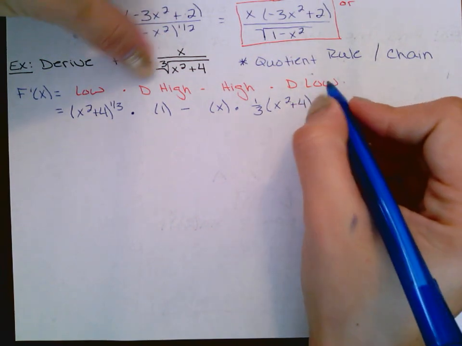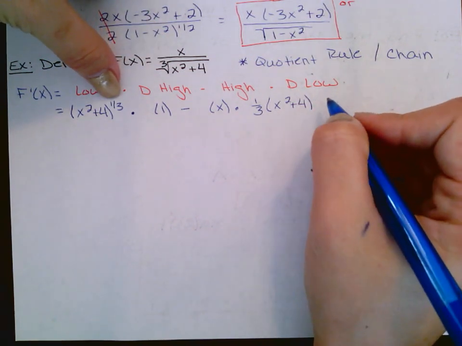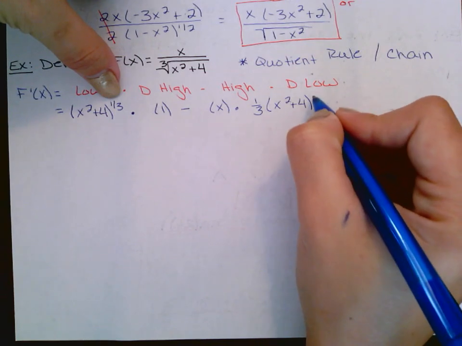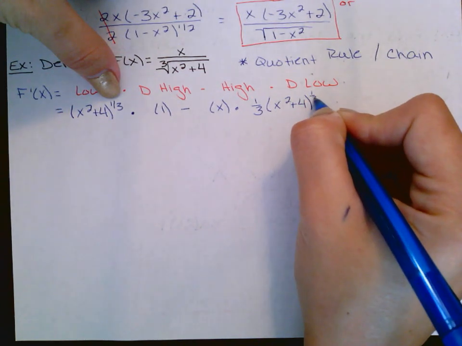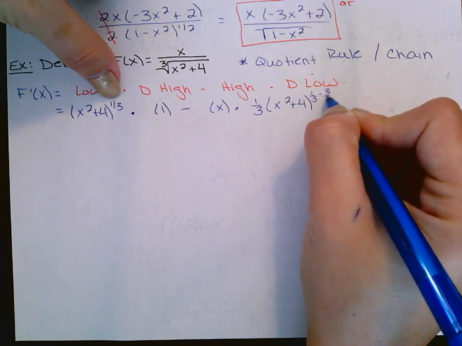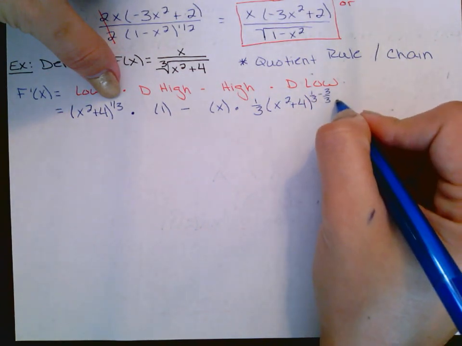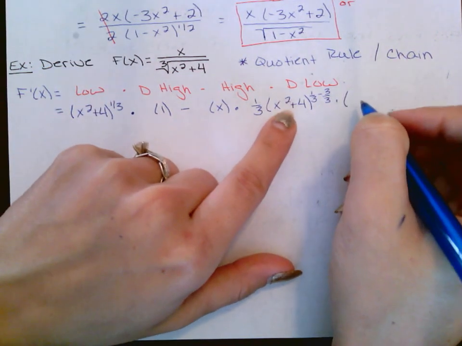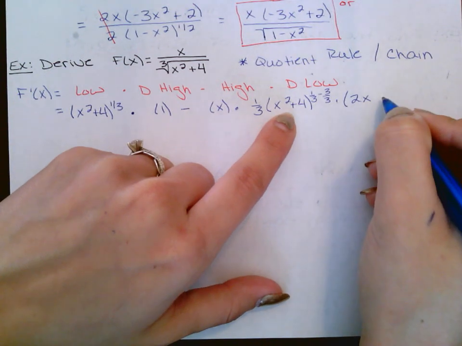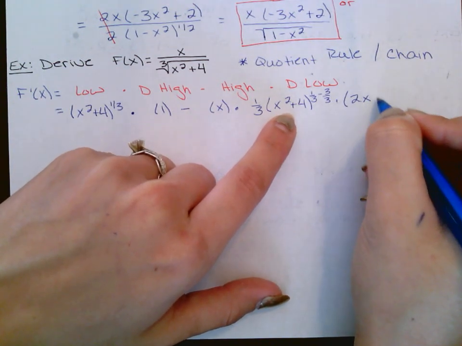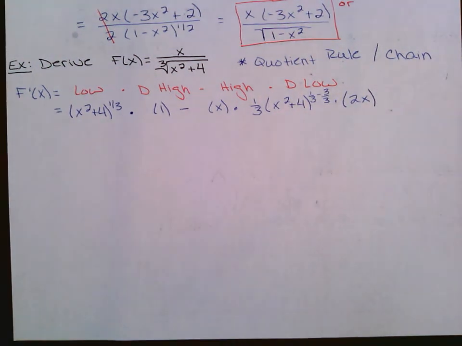Now from that 1/3 I have to subtract 1. 1/3 minus 1 is the same thing as saying 1/3 minus 3/3. And we'll clean that after, okay? And then now times derivative of the inside. Well, I get 2x to the first plus derivative of 4 is just 0, so I don't need that, okay?